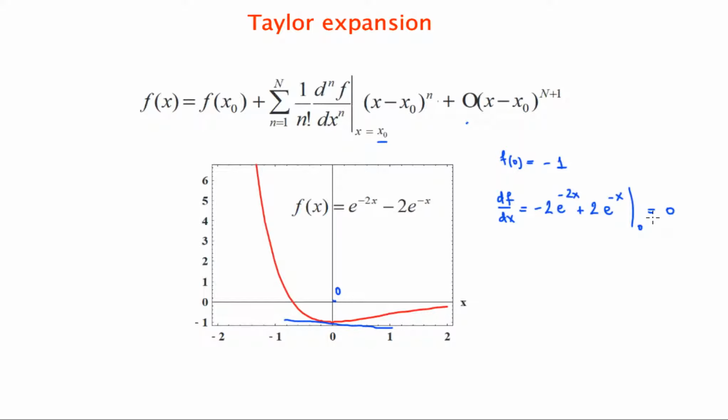Therefore, the result corresponds to what we expected considering the geometric interpretation of the derivative. So we don't have a linear term in this Taylor expansion. We have to go to the next order, and in order to do that, we have to calculate the second order derivative of the f function.